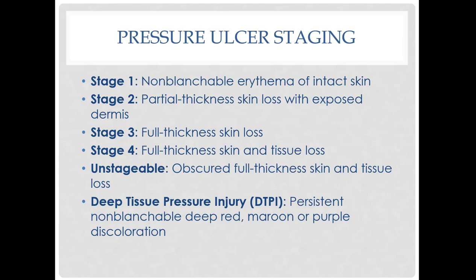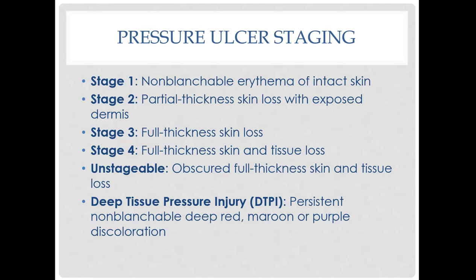Stage 2 is partial thickness skin loss, and the dermis is exposed. Okay, so at this point, there is officially impaired skin integrity or skin breakdown. All right, stage 3 is full thickness loss. So at this point, you can see the adipose tissue or the subcutaneous tissue.